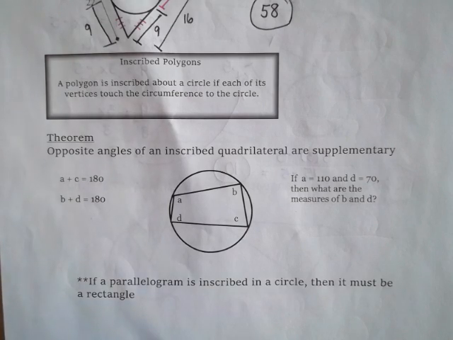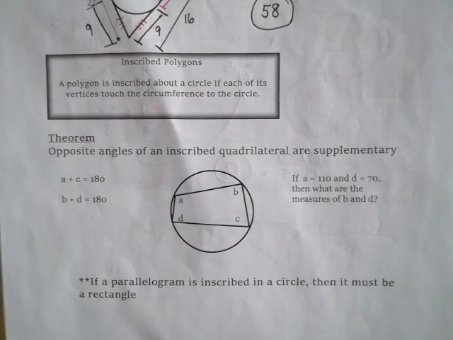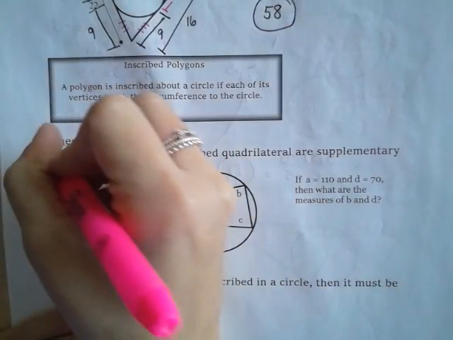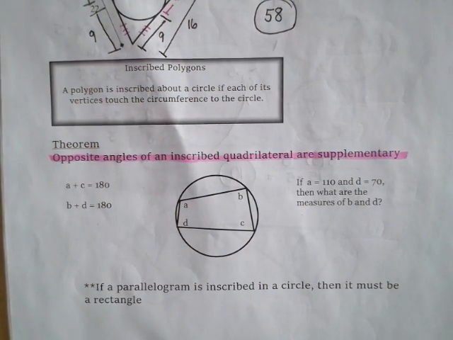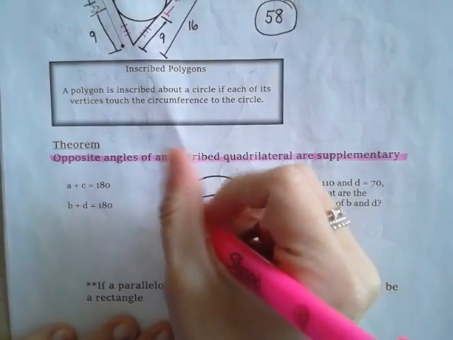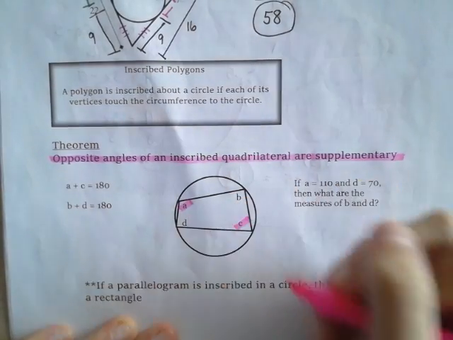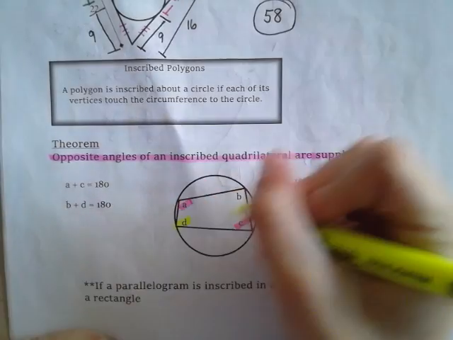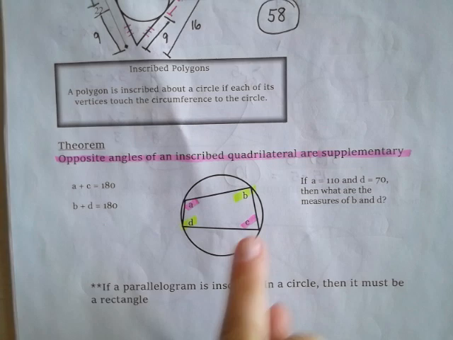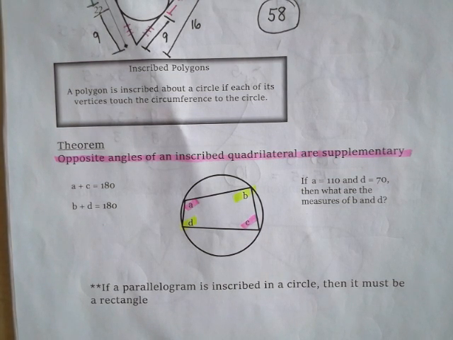One important piece of information to know is that opposite angles of an inscribed quadrilateral are supplementary. So angle A and C will add up to 180 degrees, and angles D and B are going to add up to 180 degrees.